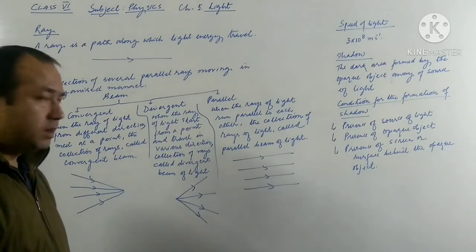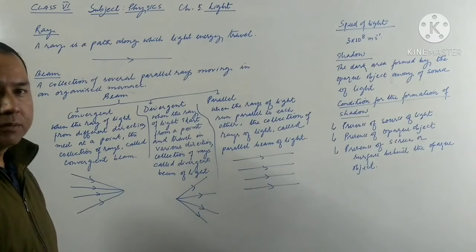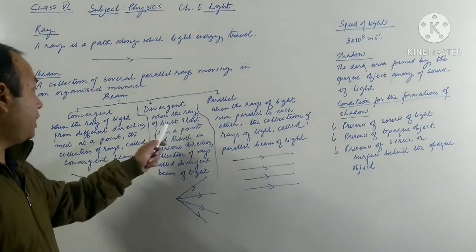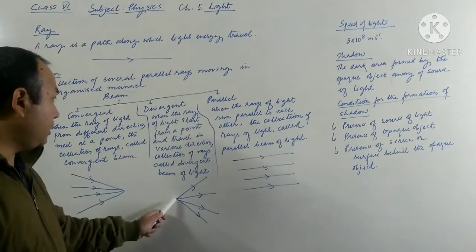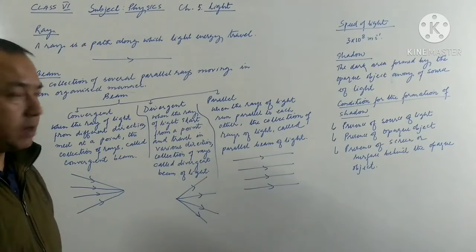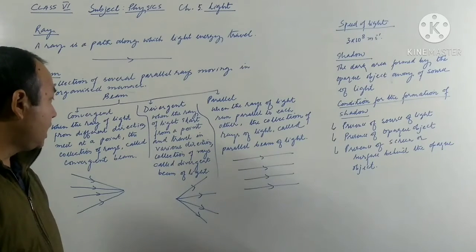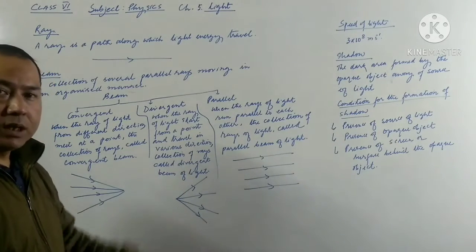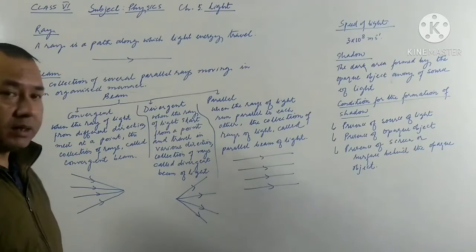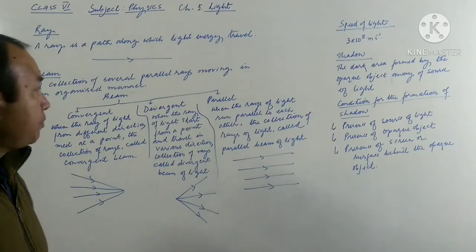Such a collection of rays is what we call a divergent beam of light. To be more specific, as it's given in the book also, when the rays of light start from a point and travel in various directions, then the collection of such rays is usually called a divergent beam of light.